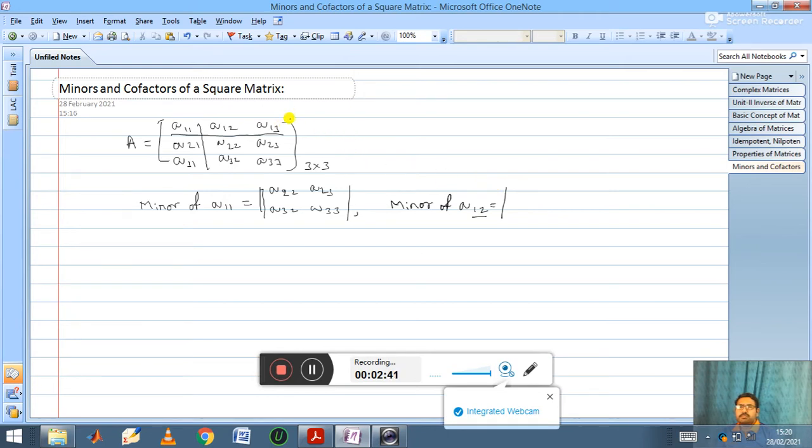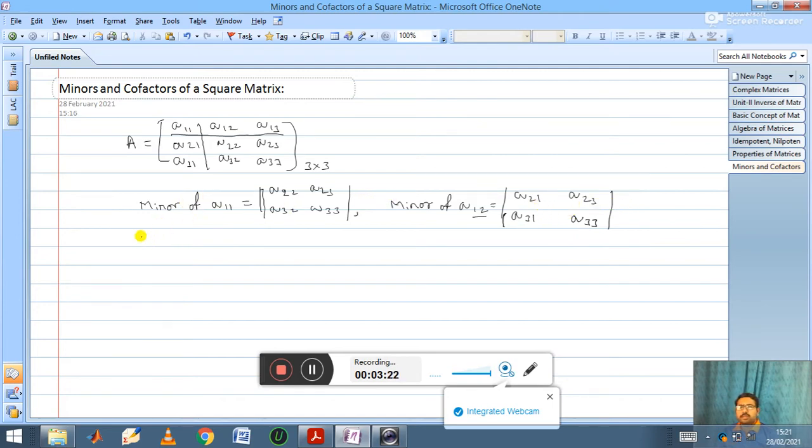If you delete the first row and second column from the given matrix, the remaining elements are A21, A23, A31, A33. So the submatrix is A21, A23, A31, A33. If you take its determinant, it gives the minor of A12.